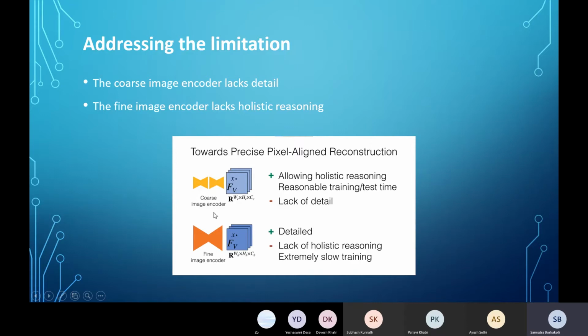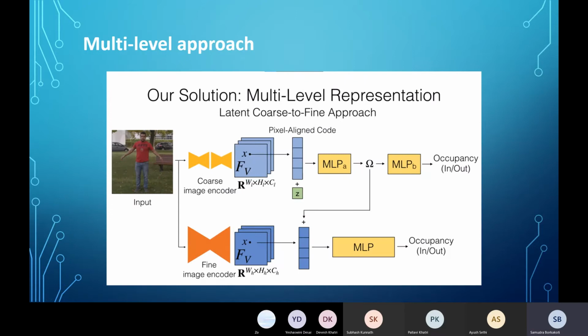So here's the coarse image encoder and the fine image encoder. The coarse image encoder lacked details, but it was fast. And the fine image encoder had detail, but it lacked the training speed and the holistic reasoning. So what they did was a coarse-to-fine multi-level approach.